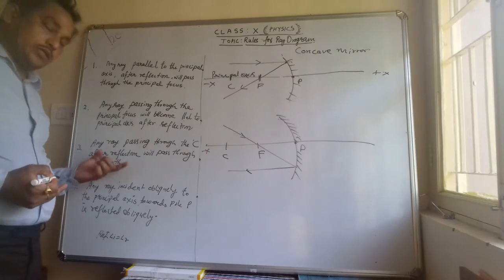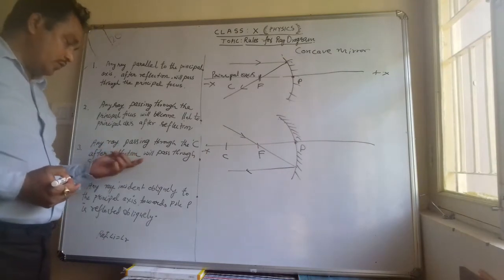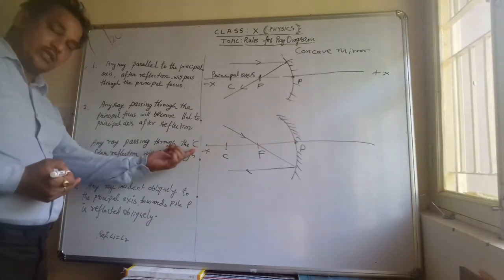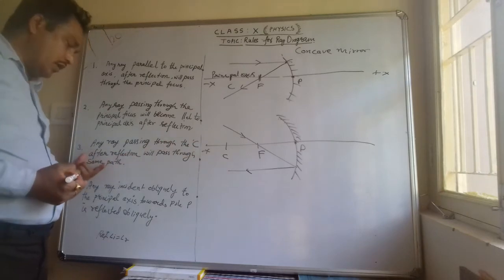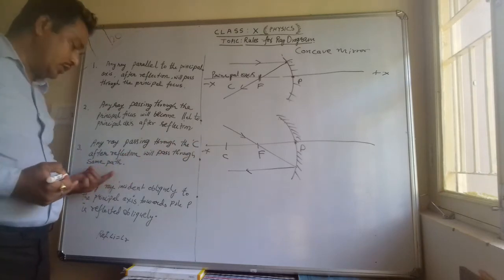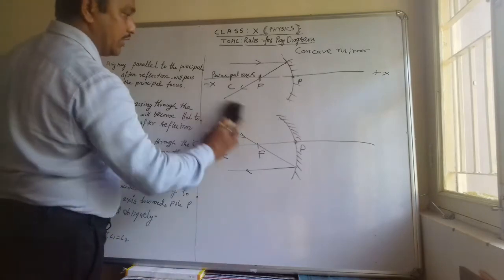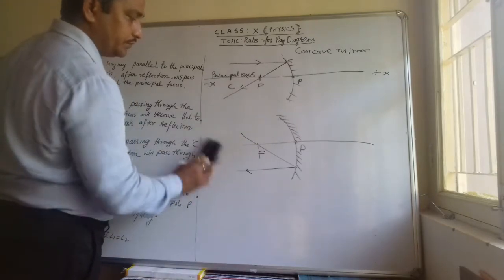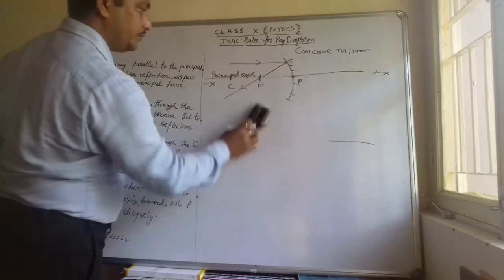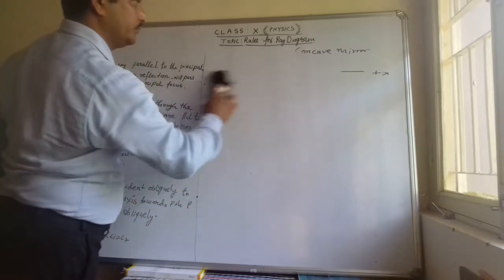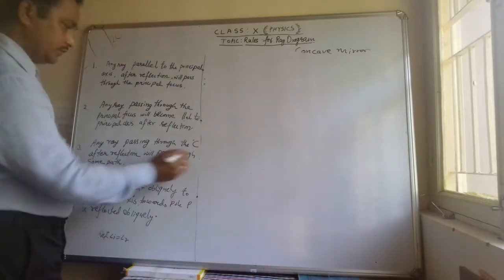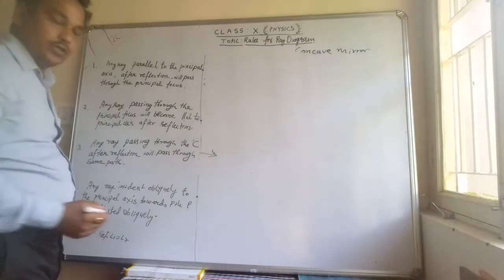Now let us see the third rule, which says that any ray which is passing through C, that is the center of curvature, after reflection will pass through the same path. How? Let us see the diagram for this third rule.